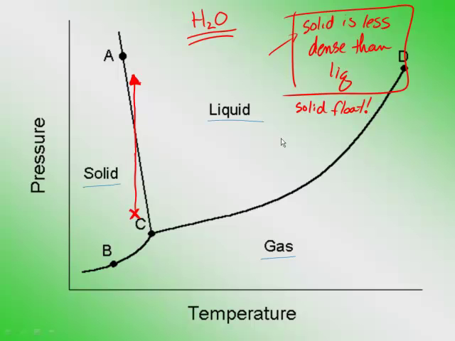Hence the reason icebergs form. When water gets compacted into its solid phase, it turns less dense because the molecules are actually farther apart from each other, even though they're under a higher pressure, or a lower temperature.